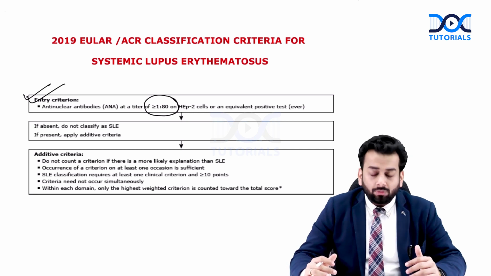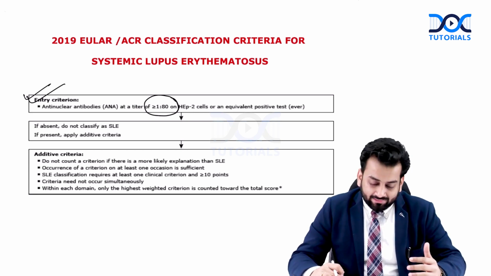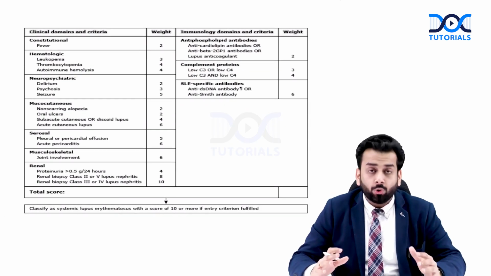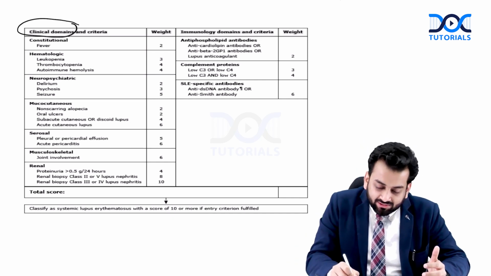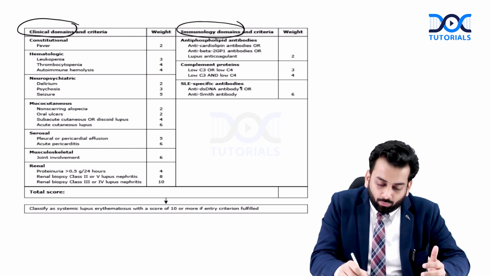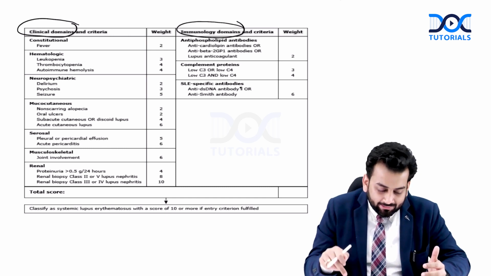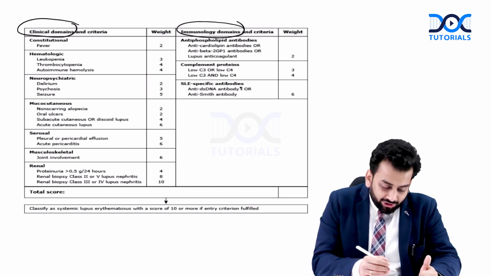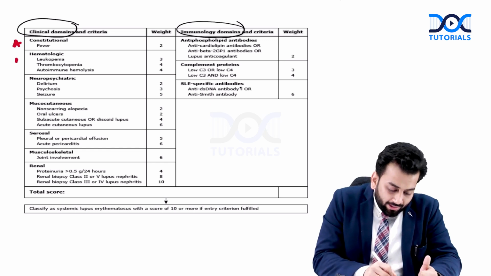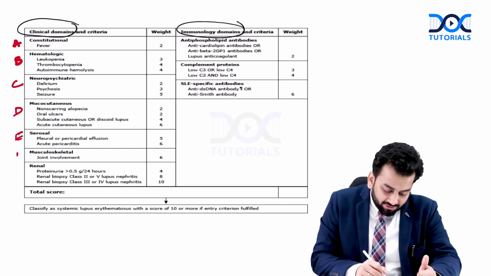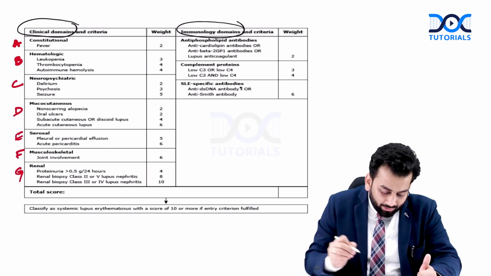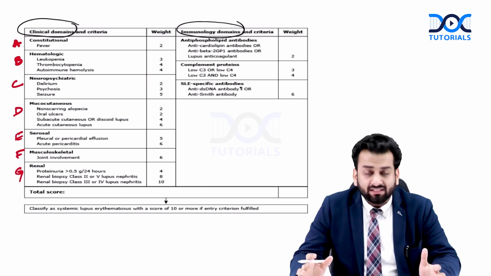Moving on. So apart from that, the criteria have been further divided into domains. There are 7 clinical domains and 3 immunological domains. What are they? Namely, the clinical domains are constitutional, hematological, neuropsychiatric, mucocutaneous, serosal, musculoskeletal, and very, very important, renal.